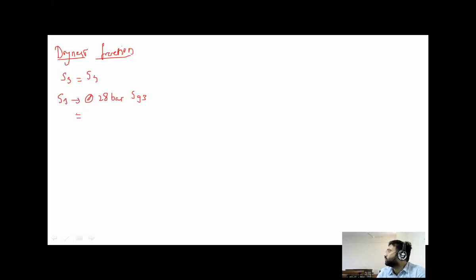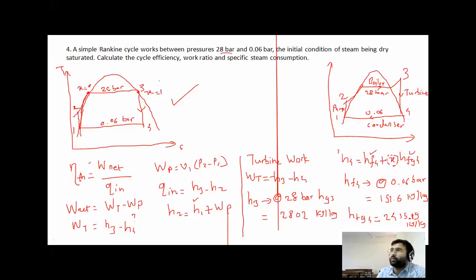As everybody understood, see here, 0.3 lies on the vapor curve. The left side is the liquid saturation curve, and the right side is the vapor saturation curve.